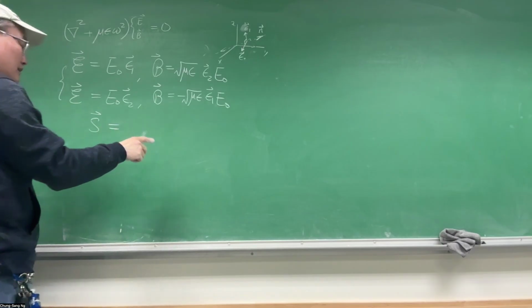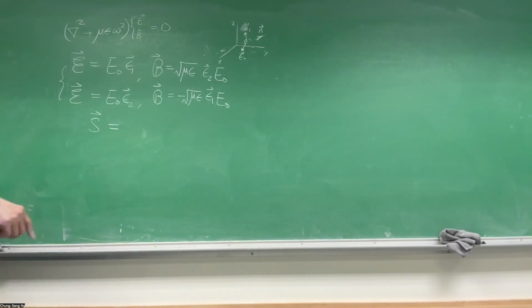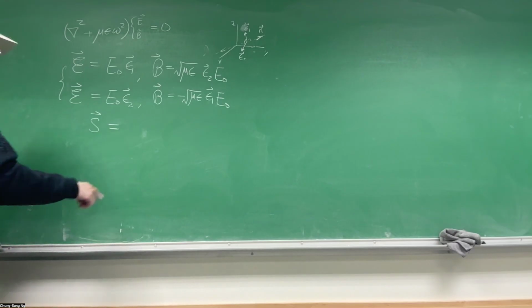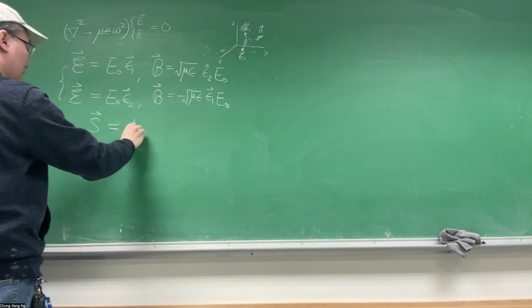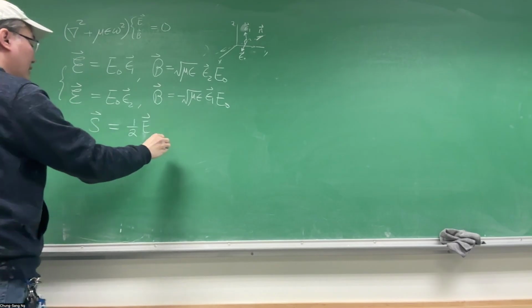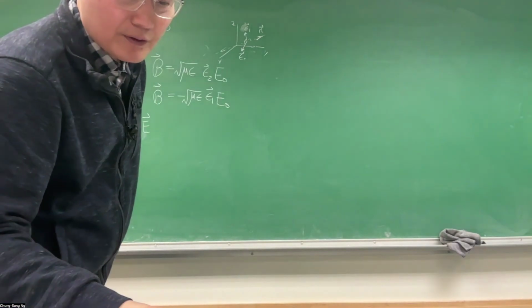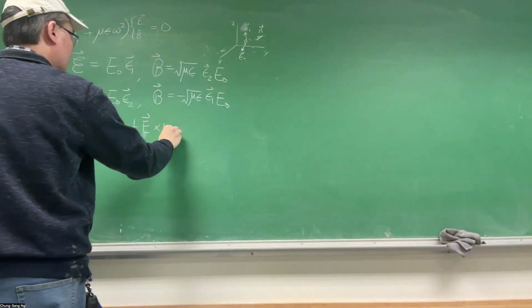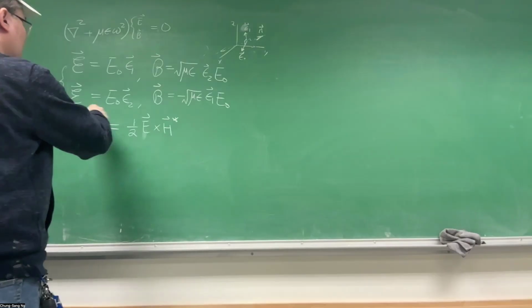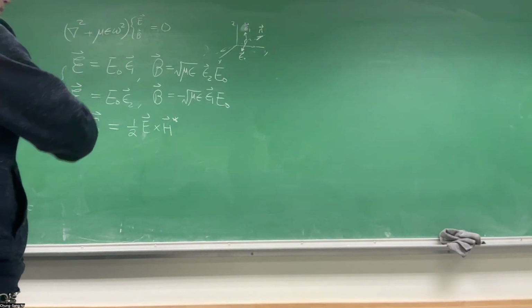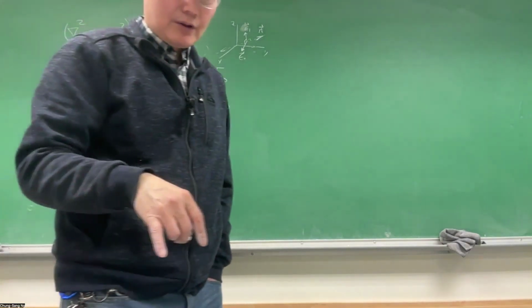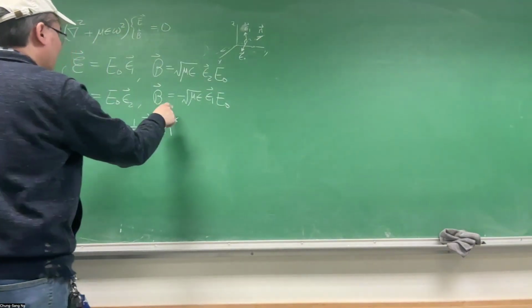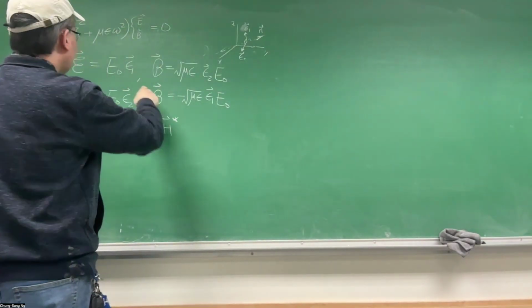Because it depends on the product of two oscillating quantities with the same frequency, we introduce a factor of 1/2 and put a complex conjugate on one of them, here on H. H is just B divided by mu. Right? And so now that is quite trivial. So you apply either one of them.